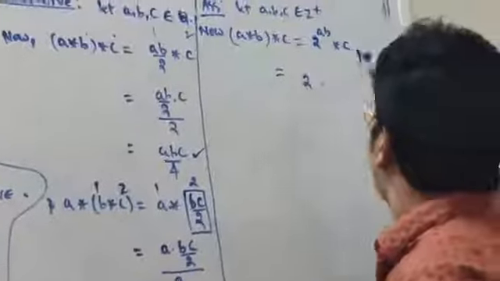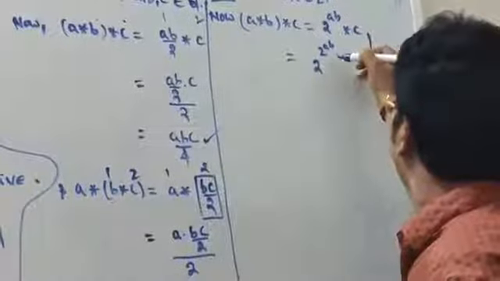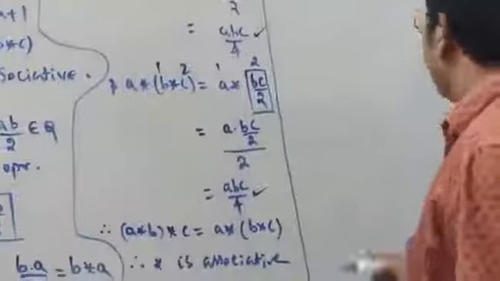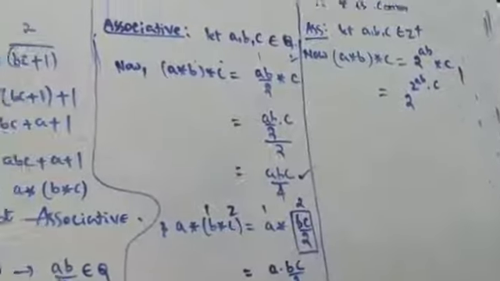First, a is the first element and b is the second element. So this is (a star b) star c, 2 power first element into second element.